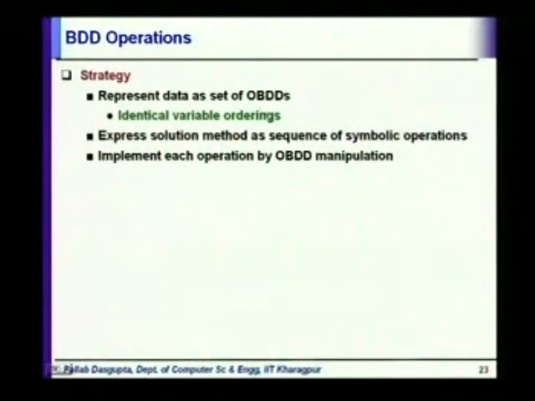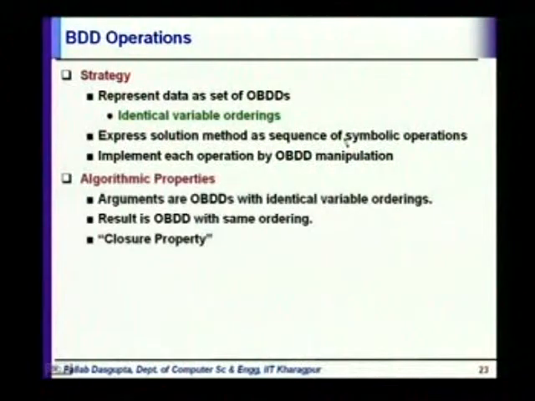We can look at BDDs as sets, because any Boolean function also represents a set: the set of valuations for which the function is true, and for the remaining valuations the function is false. Any set can be defined by a Boolean function, and vice versa.